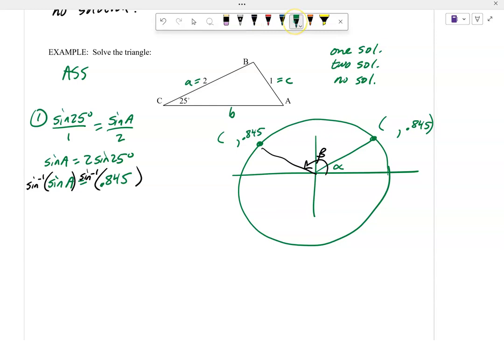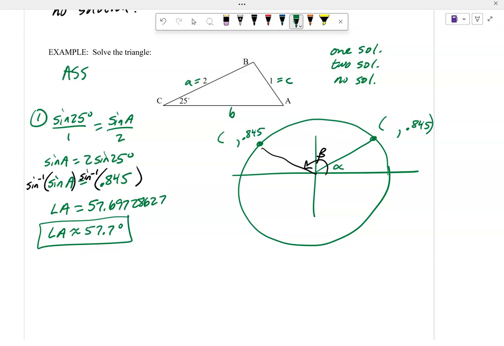So angle A is, and I'm going to punch in arc sine 0.845, and I get 57.697. So we're about 57.7 degrees, okay? So that's my alpha. That would be for the first option.